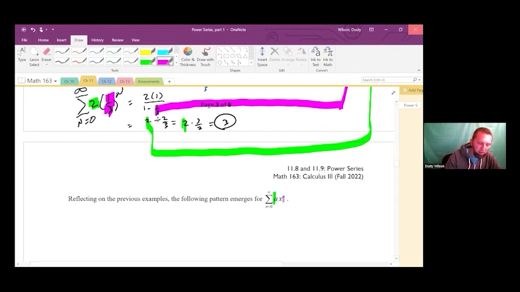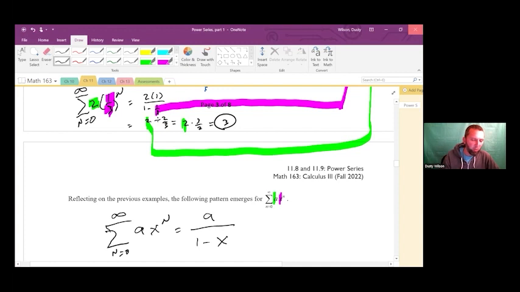And the 1/3, well, that would be our x. And so we should be able to see that just by pattern matching, the sum from n equals 0 to infinity of a times x to the n is equal to a over 1 minus x. So in our case, it was 2 divided by 1 minus 1/3.